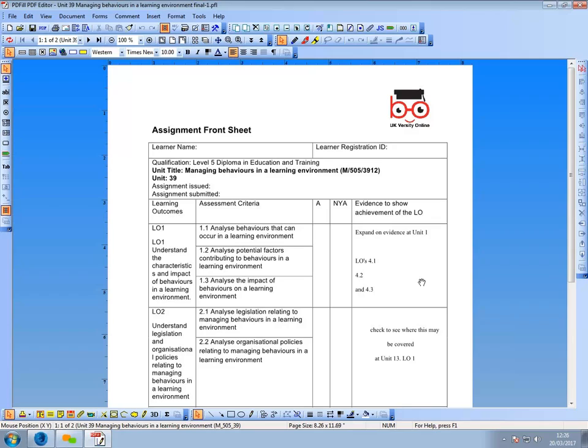This is the one unit, I think, more important than the others, where you do need to check your responses, because it's a very specific unit. It's covering behaviours in the learning environment and how you manage those. Unit 1 was general. This is specific. So there may be some changes in what's being asked for in your response here.